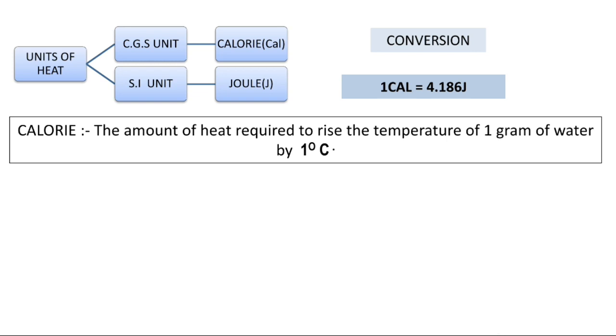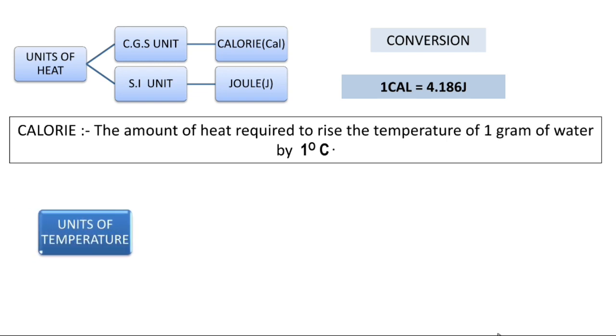It means after heating, the temperature changes by 1 degree Celsius. So the amount of heat you require to change the temperature from 30 to 31 degrees Celsius, that amount of heat we call a calorie.